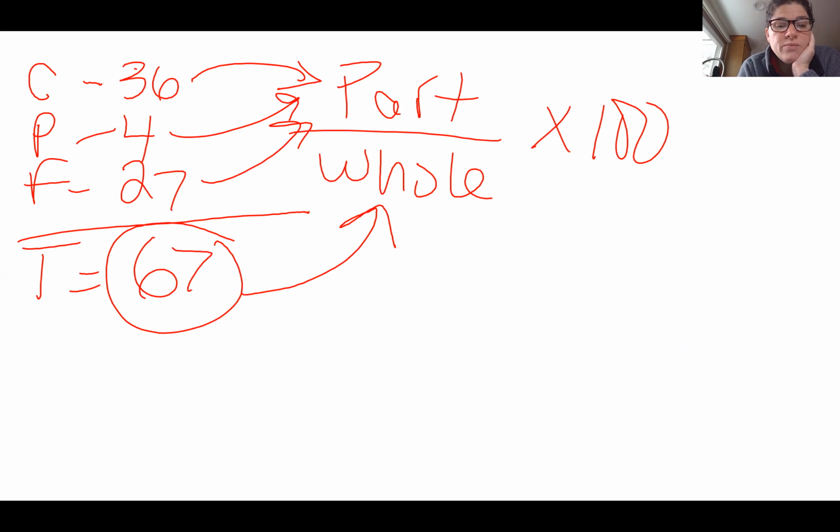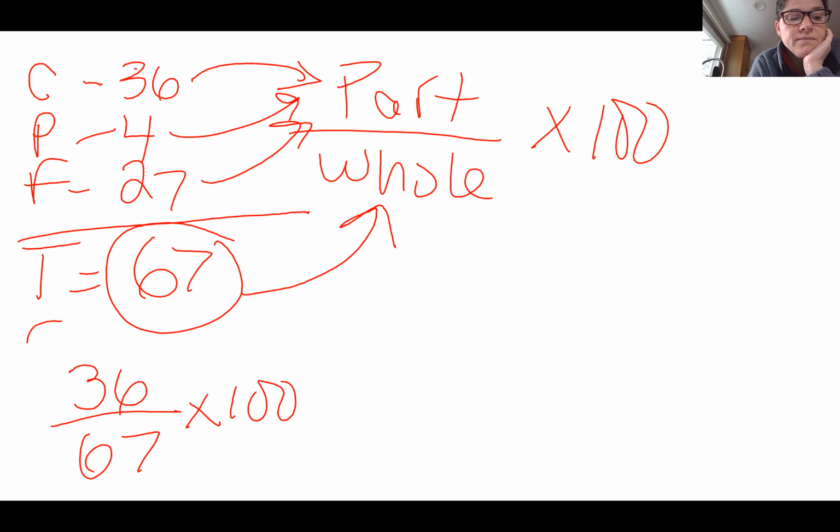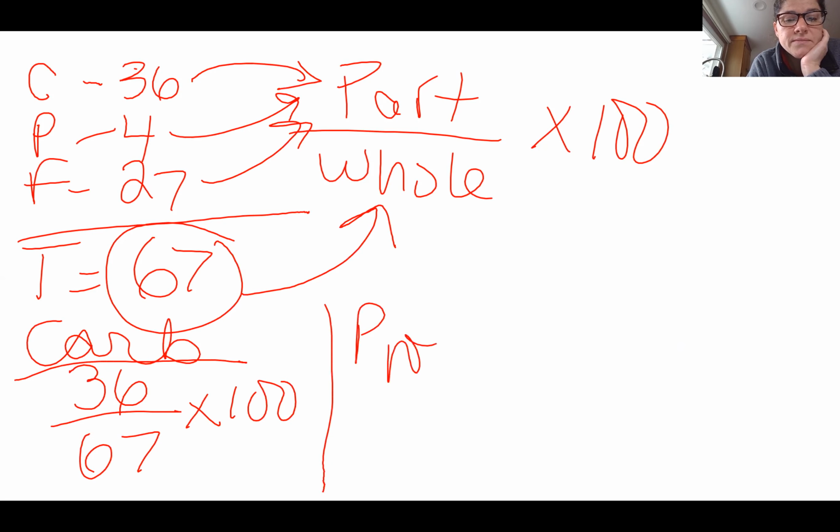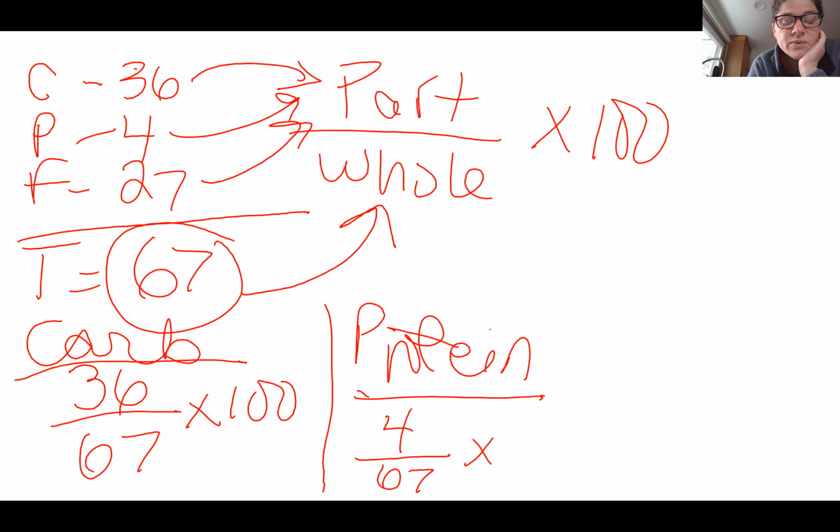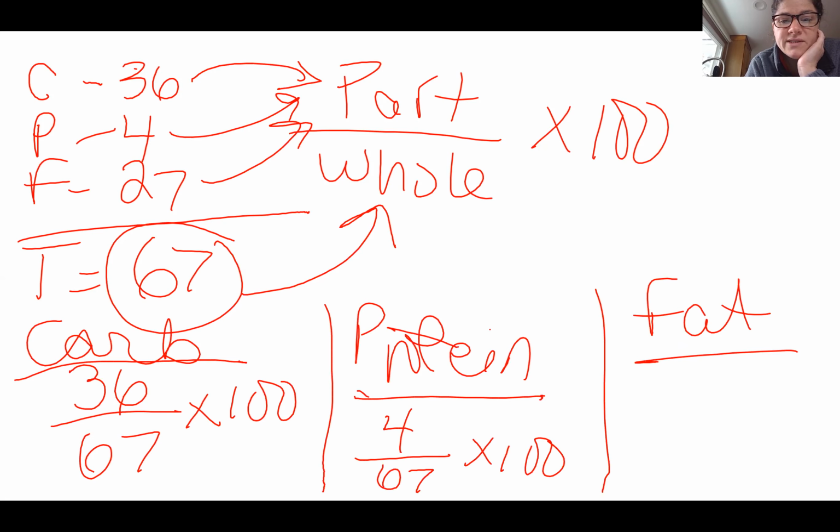To figure out the percentage of the cookie that is carbohydrates, we would say 36 divided by 67 times 100. To figure out protein, we would find 4 divided by 67 times 100. And the final piece is fat. It would be 27 divided by 67 times 100.